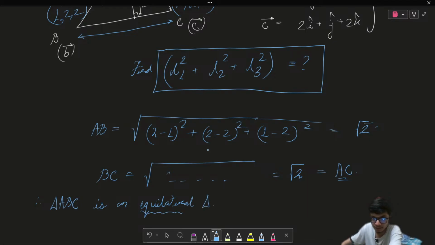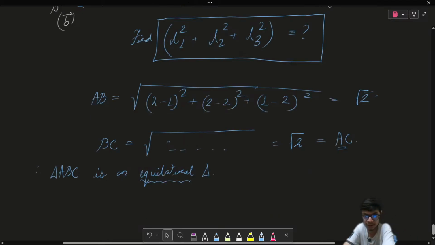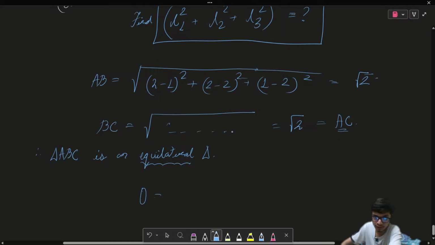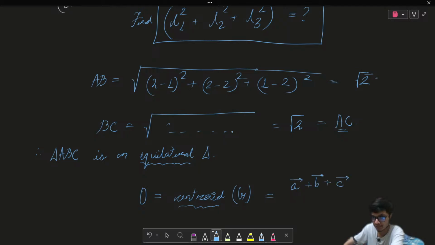So if it is an equilateral triangle, then the orthocenter is the same as the centroid. For an equilateral triangle, the orthocenter is the same as the centroid, and I can find the centroid by this formula which we learned in our previous class, which is (a vector plus b vector plus c vector) divided by 3, where a vector, b vector and c vector denote the position vectors.